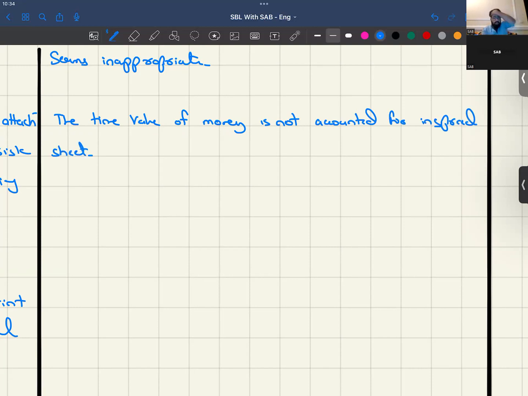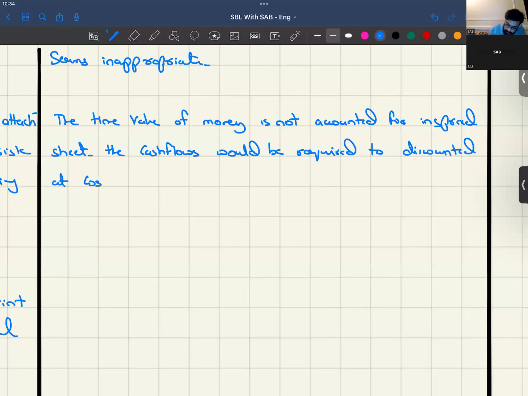The cash flows would be required to be discounted at the cost of capital, which considers the risks of the business, right?